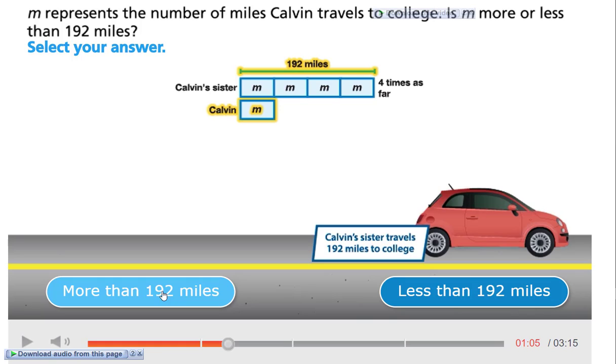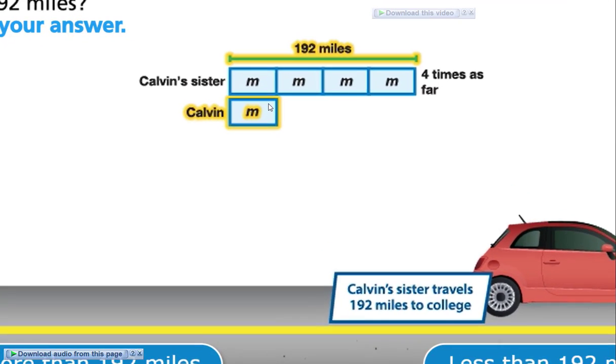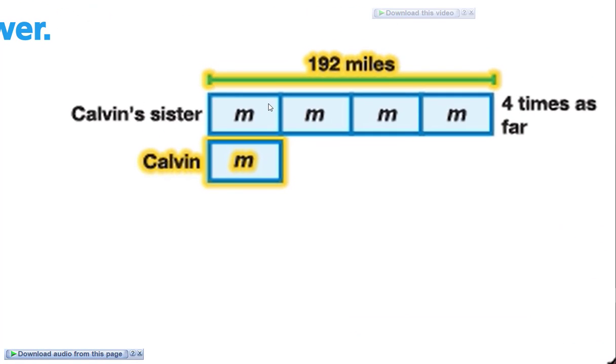Hussein, is m more or less than 192? Can you see the bar diagram here? Yes, m is less than 192.